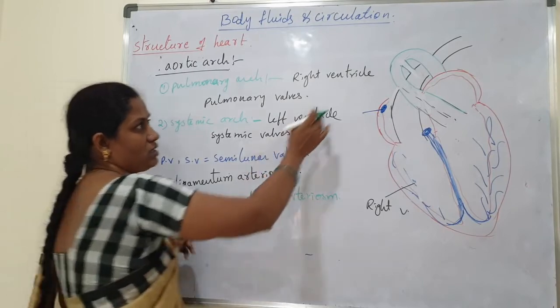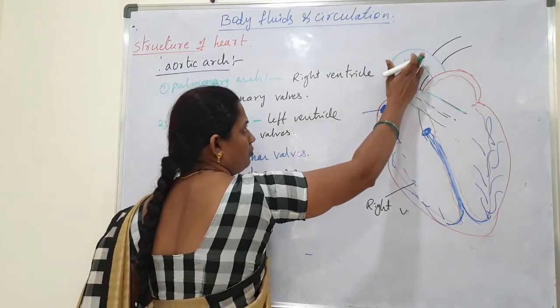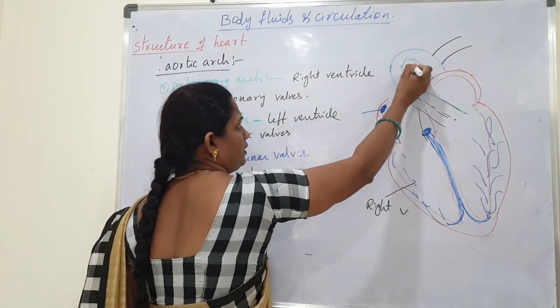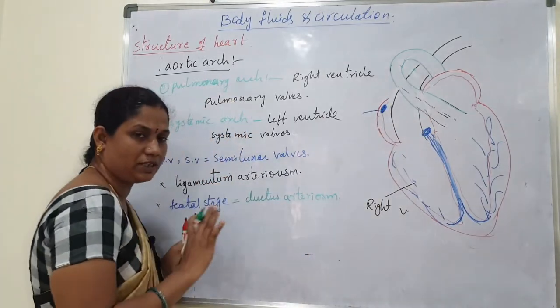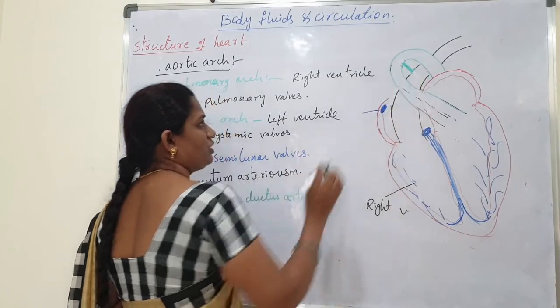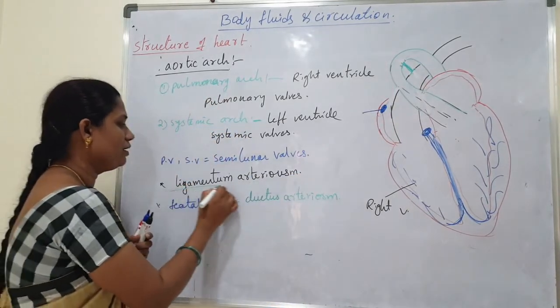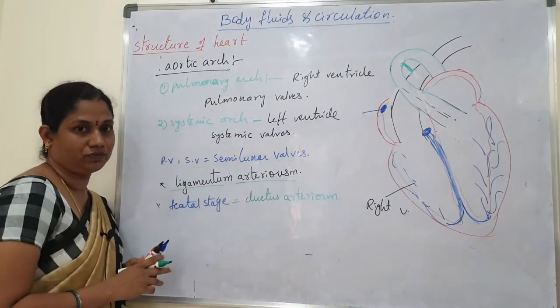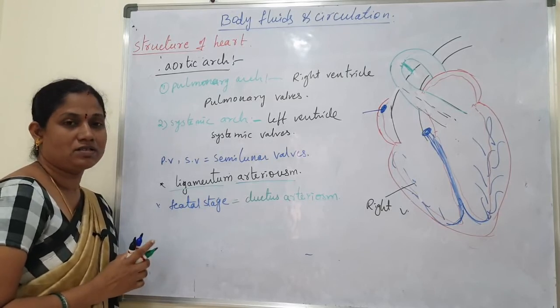After birth it gets completely closed and cut off. It forms a remnant part called the ligamentum arteriosum. So this is the structure of the heart.